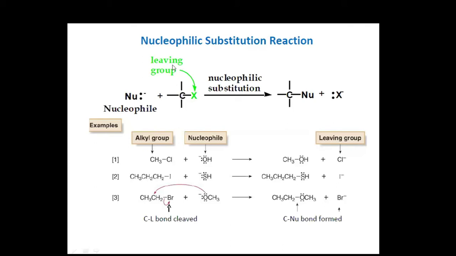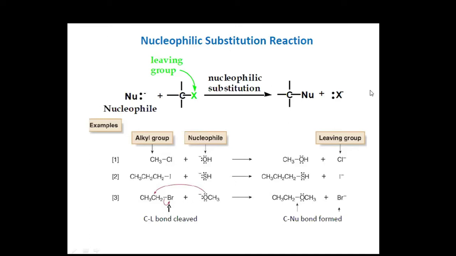Nucleophile prefers to attack the carbon carrying the leaving group, then the Nu will replace this X and form a new carbon-Nu bond. Meanwhile, the bond between carbon and X breaks, so X leaves as X minus.